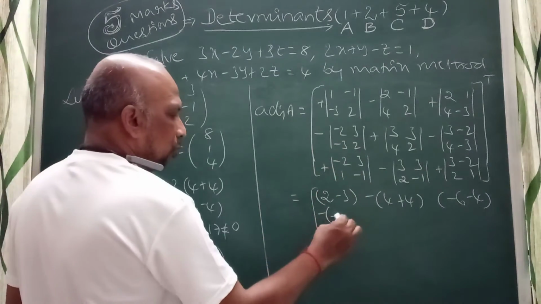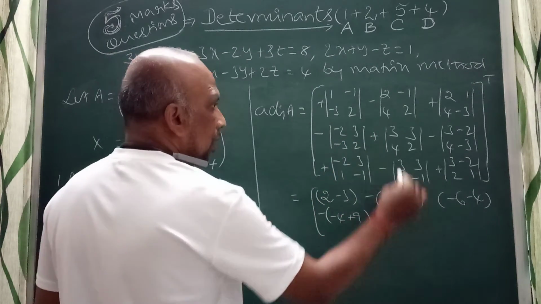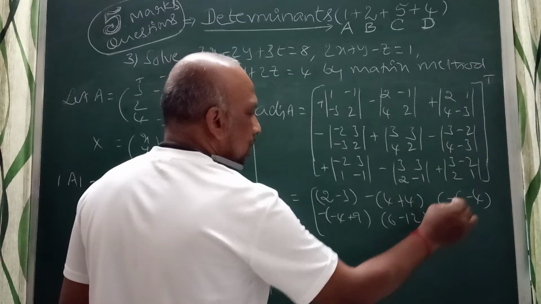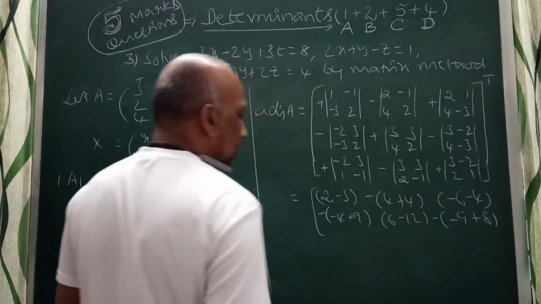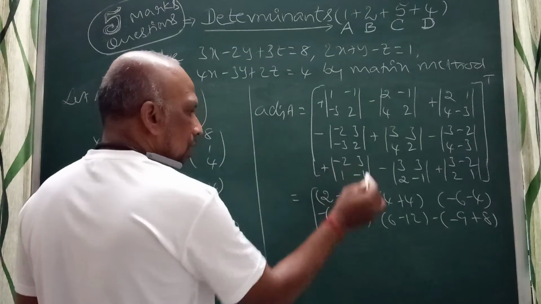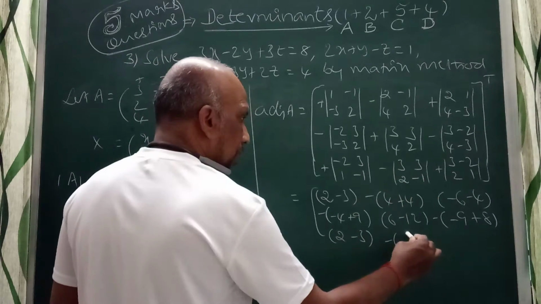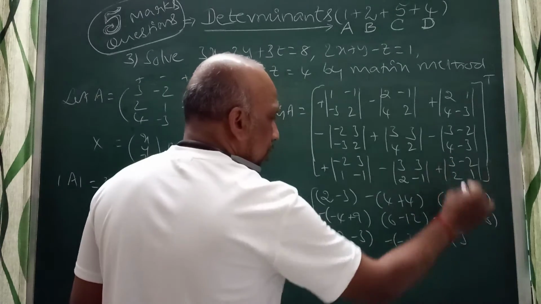I can simplify: minus 4, and this one minus 9 plus 9, and this one 6 minus 12, and here minus of minus 9 plus 8. Now coming to the last one here, 2 minus 3, this one minus of minus 3 plus 6, and this one 3 plus 4.